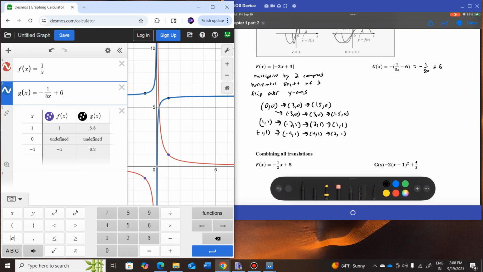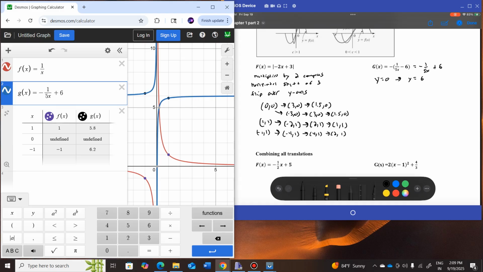All right. Now we're adding 6, so we see the horizontal asymptote shifts up 6 units. All right, so the asymptote y equals 0 goes to y equals 6.